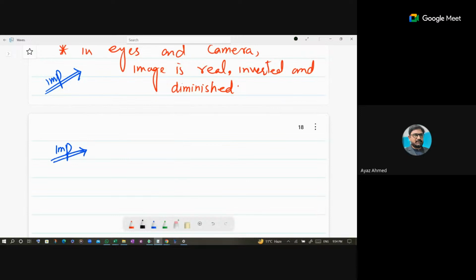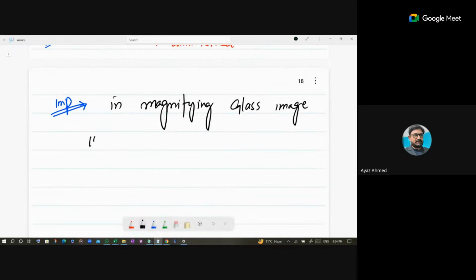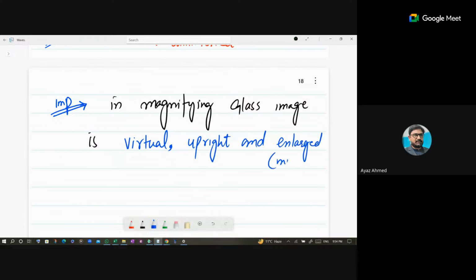In a magnifying glass, image is virtual, upright and enlarged, or you can say magnified. That's why it is called a magnifying glass. I will draw that magnifying glass image, don't worry. Got it?